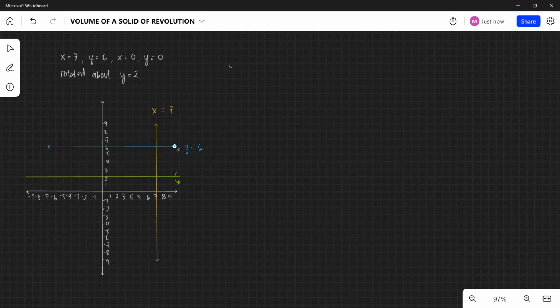The horizontal line passes through the y-axis at y equals 6. Then x equals 7 is a vertical line which passes through the x-axis at x equals 7, and of course the x and y axes.